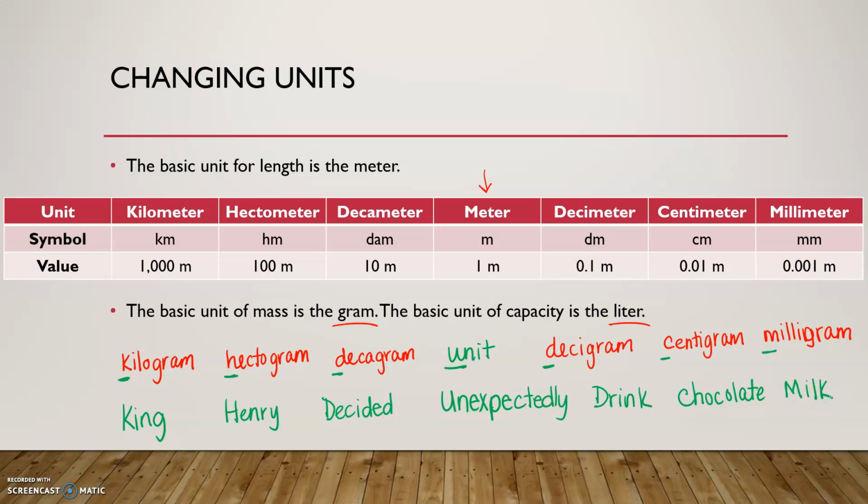Okay, Henry decided unexpectedly to drink, and I know that the T is not in there, but to is just a little word. King Henry decided unexpectedly to drink chocolate milk. And this can help you because it helps remember the order. It's got the first letters, see? K, H, D, U, D, C, and M.